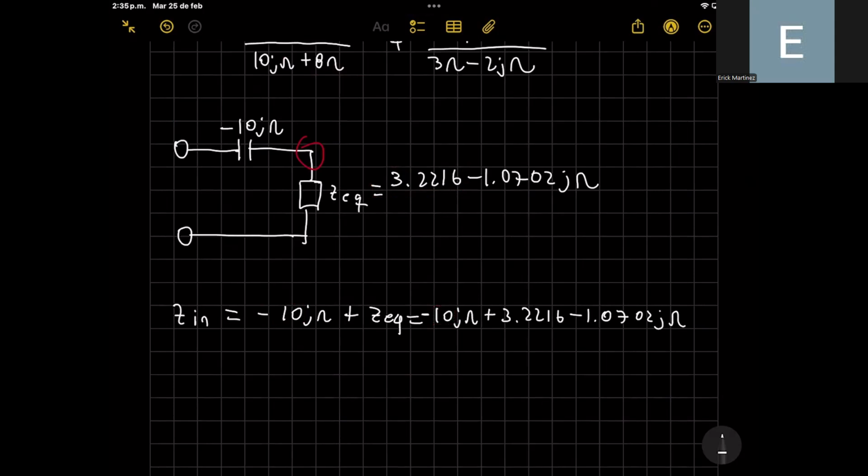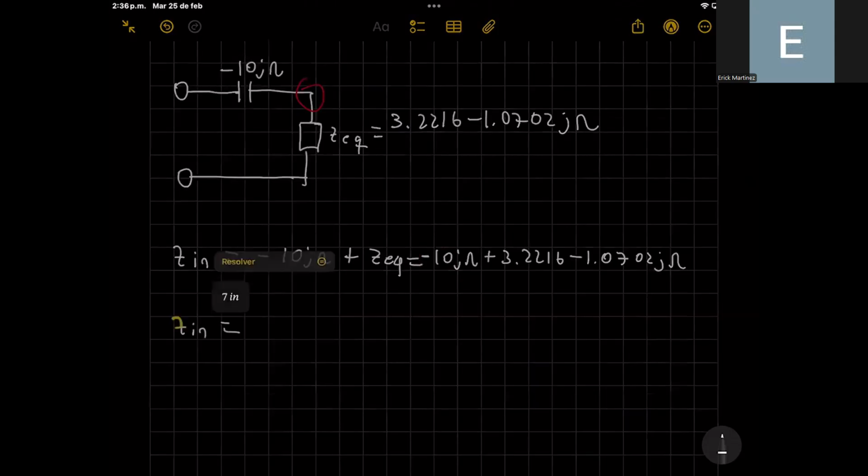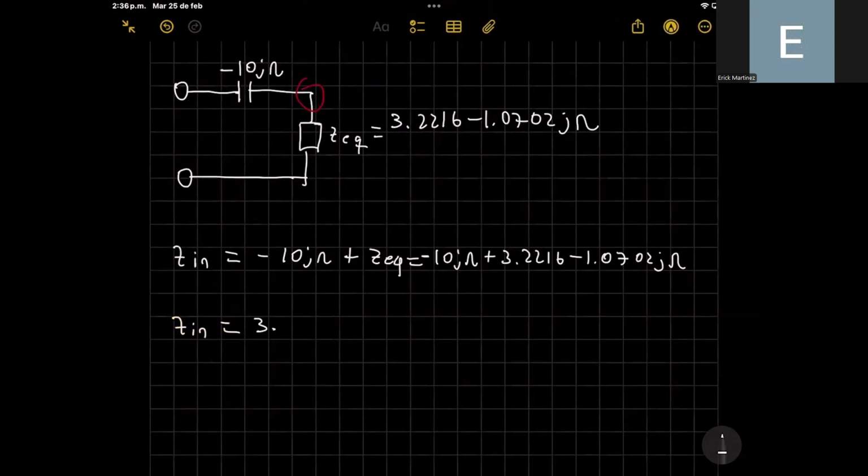Well, a minus sign right here. So the equivalent impedance of all the circuit is equal to 3.2216 minus 11.0702 J ohms. And this is the result. Okay. And that's it. Now we have finished the exercise.